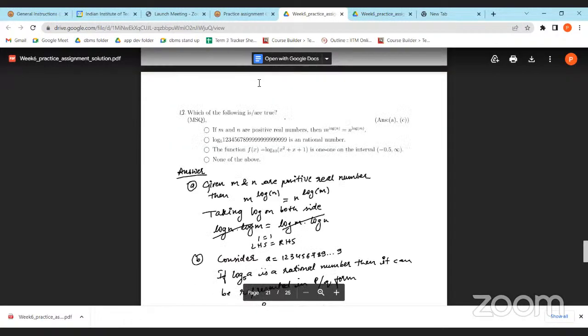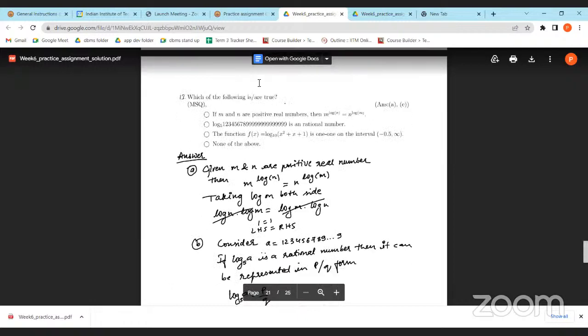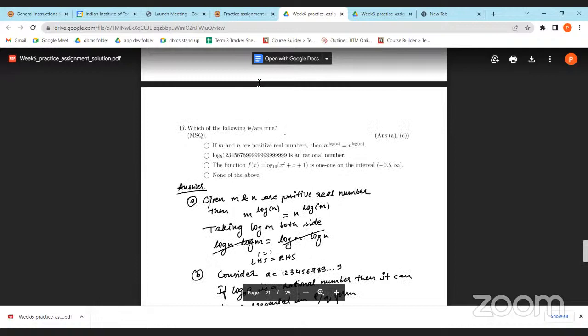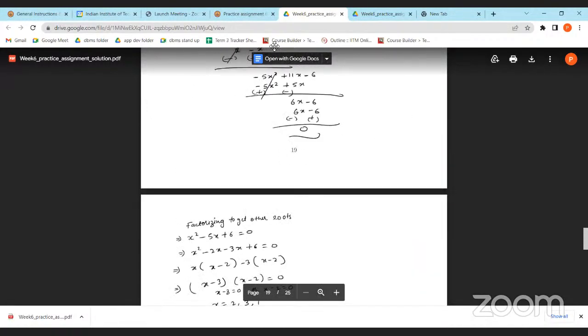Which question number in the solution document? Okay, this one, the last question, 13. I thought the answer was not there. Okay, then I'll go through it. Thank you.